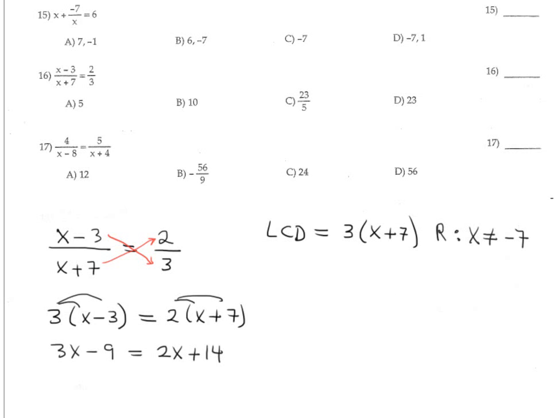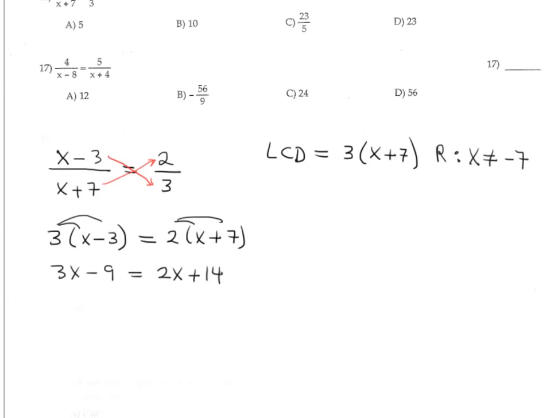And you group the x on one side. For example, here is 3x minus x is equal 14 plus 9. So you combine, it is only 1x equal 23. 23 is the option D.